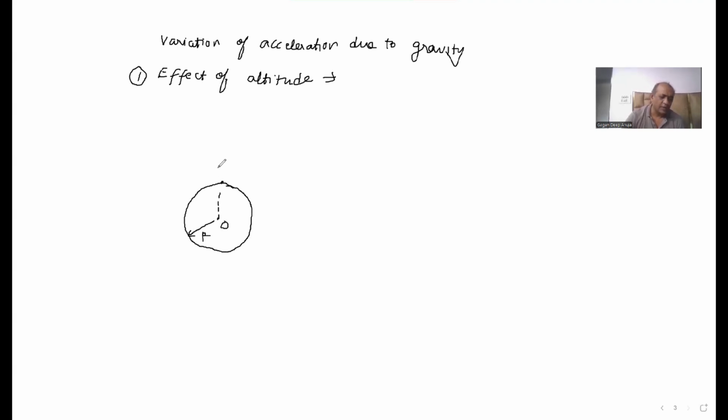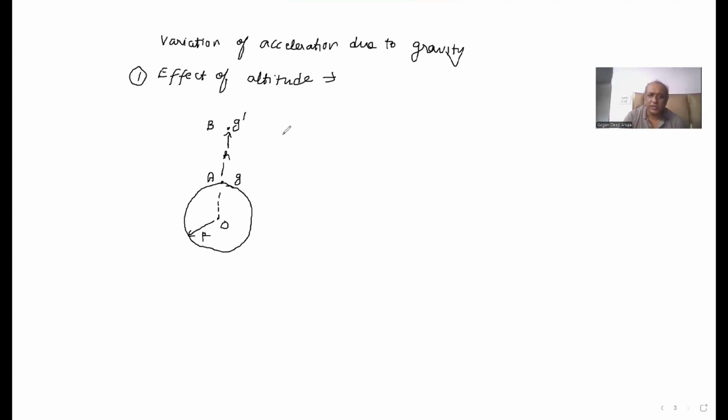Suppose A is a point on the surface of Earth where the value of acceleration due to gravity is g. And if you go to a certain height h above the Earth to another point B, suppose the acceleration due to gravity at that point is taken as g dash.